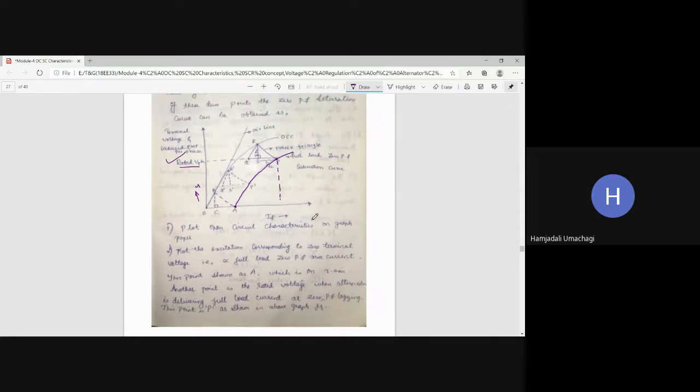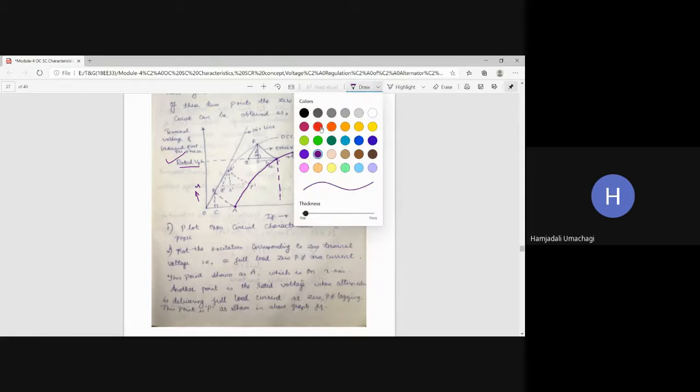Open circuit characteristics means first you need to prepare the axes, y-axis is terminal voltage and x-axis is field current IF, and then you should plot the OCC. After that, plot the excitation.